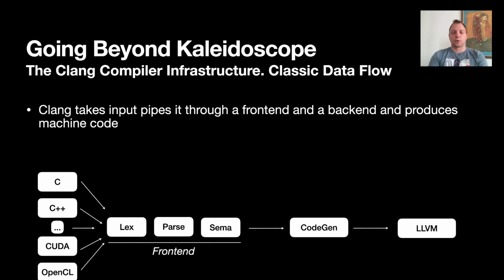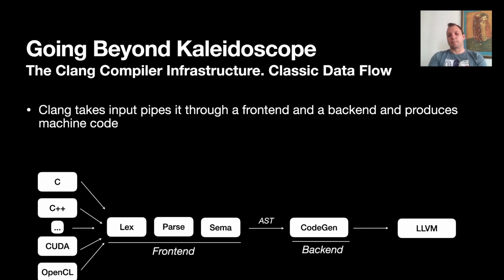It goes through two major phases. The first one is the front end, which chunks the bits and pieces into something that will be easily analyzable by a machine. Then the code generation part, which produces the LLVM IR, is commonly known as the backend. Those parts are relatively separate from each other.